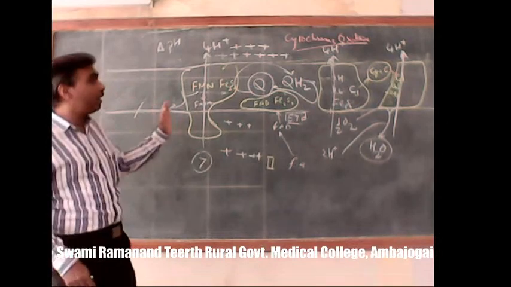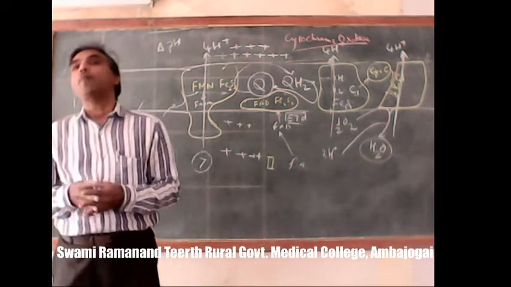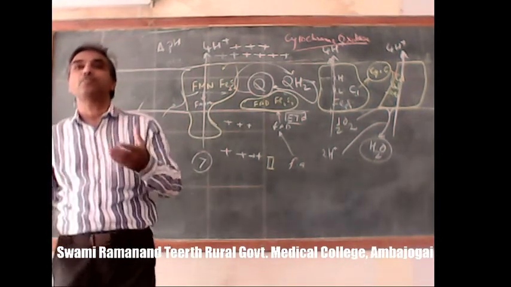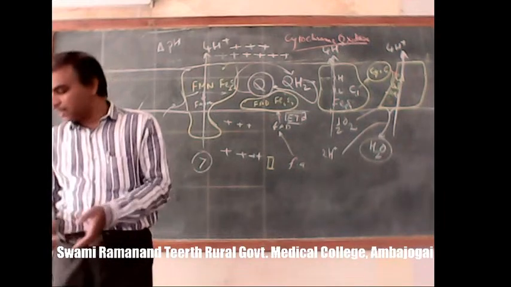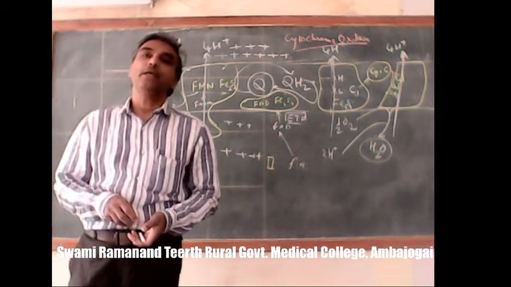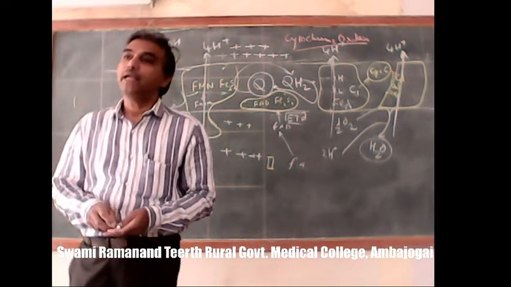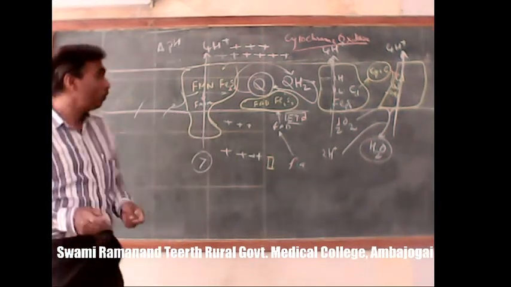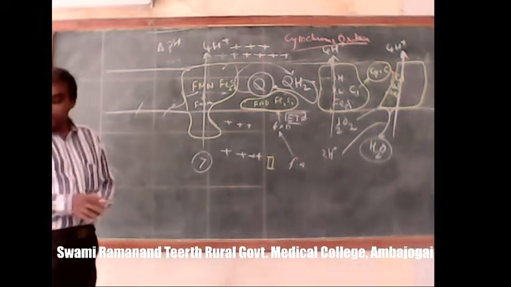Now we have seen that there are 4 complexes of the electron transport chain, and there is another complex that is described, called the 5th complex, complex 5, and it is named ATP synthase.